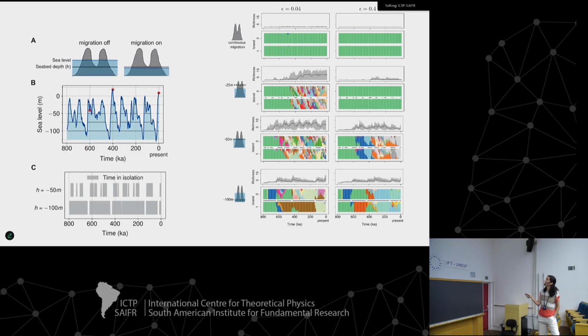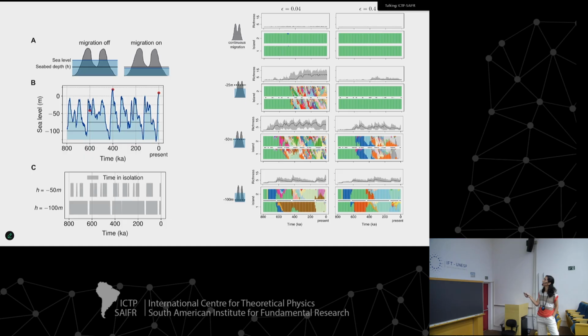And here, just to remember, this is not a low migration. It's 4%, not 0.4%, which means that with this migration, if the islands are connected during the whole simulation, we end up without speciation.